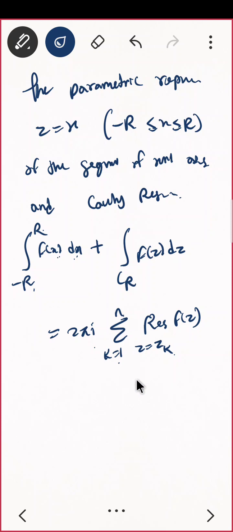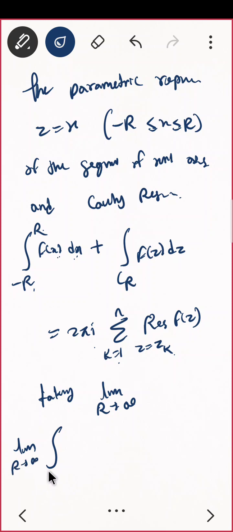What about this guy? What about this contour? If I'm taking r goes to infinity, that means what about the limit as r goes to infinity of the integral over Cr of f of z? What will this be? Think about it.